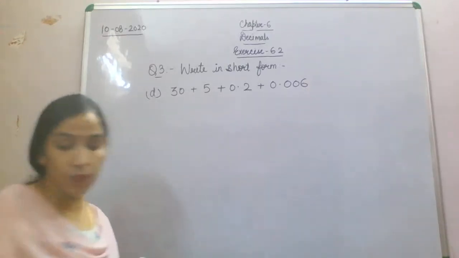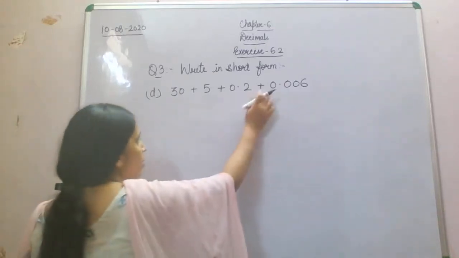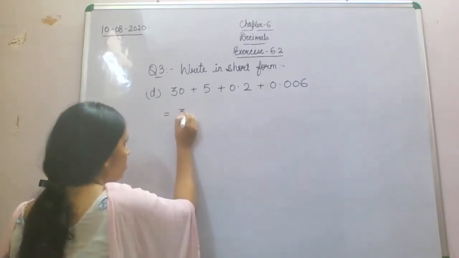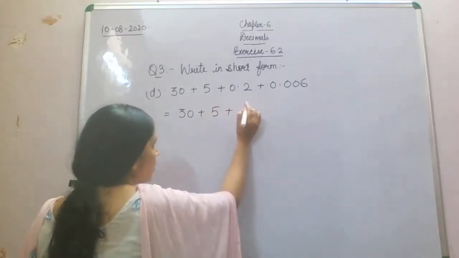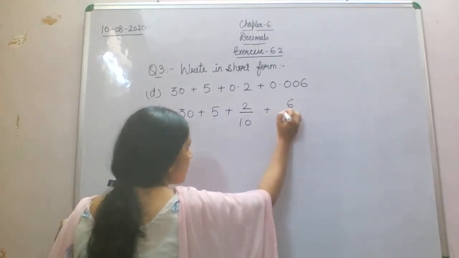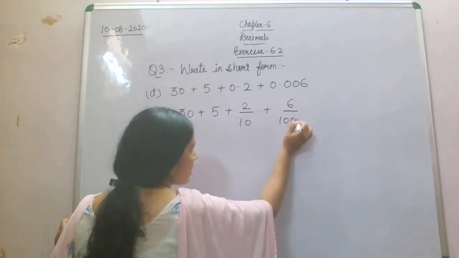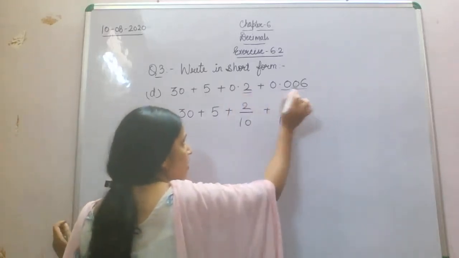So what change we have to do? We have to write the other part using fractions. So what we will do, 30 plus 5 and here 2 tenths plus 6 thousandths. This is your tenths place, this is your thousandths place.